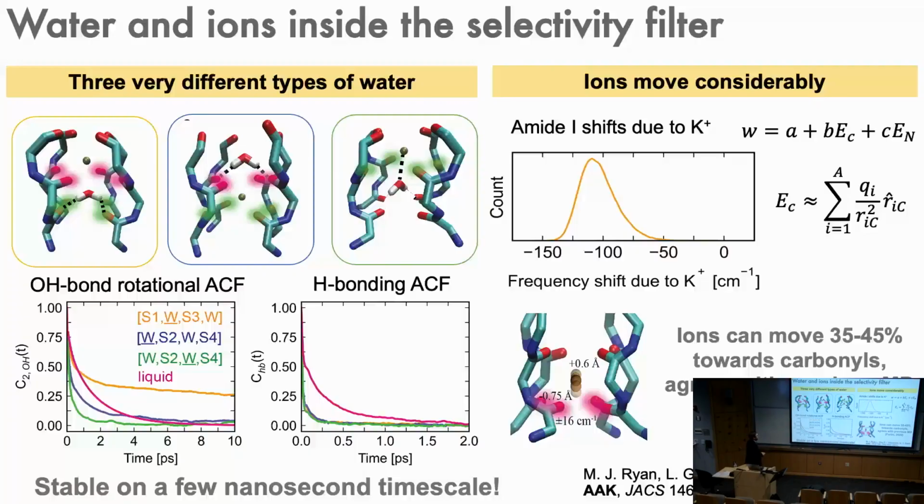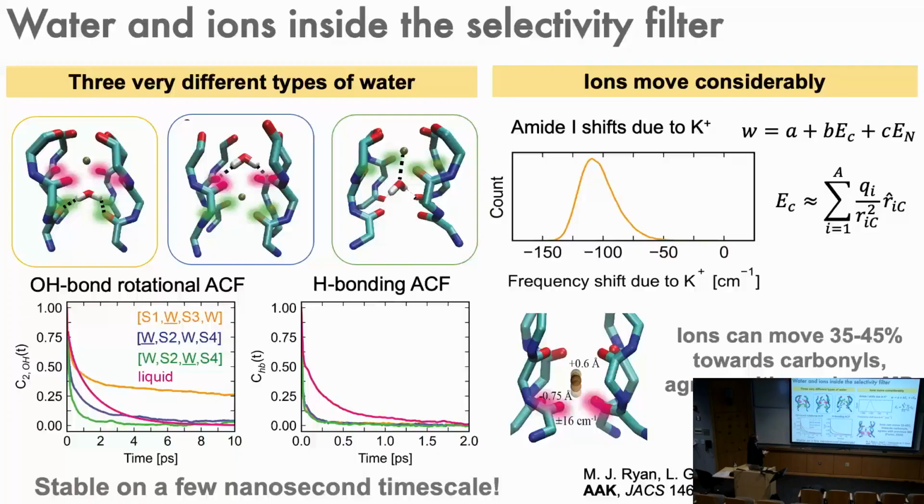We calculate a few important quantities to describe these water molecules. The first one is the hydrogen bond rotational correlation function. Compared to liquid, these colors match these colors. As you can see, we have a slowly decaying correlation function.